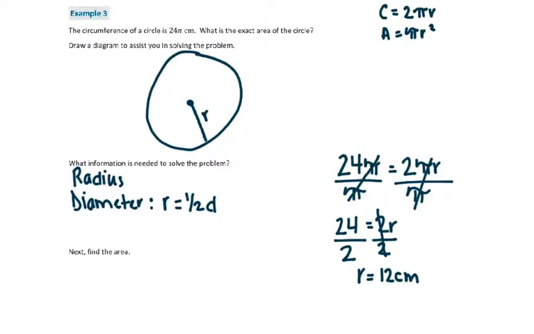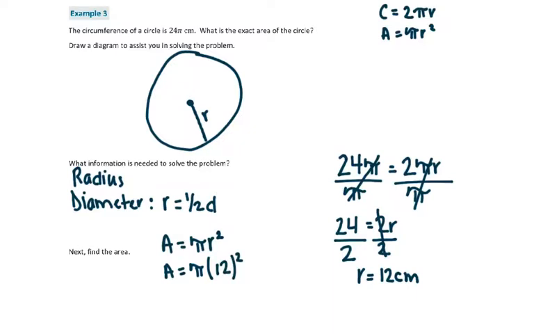So now that I know my radius, I can find the area of my circle. So the equation for area of a circle is area equals pi r, meaning the radius, squared. So I'm going to rewrite this with my radius. So area equals pi times 12 squared.